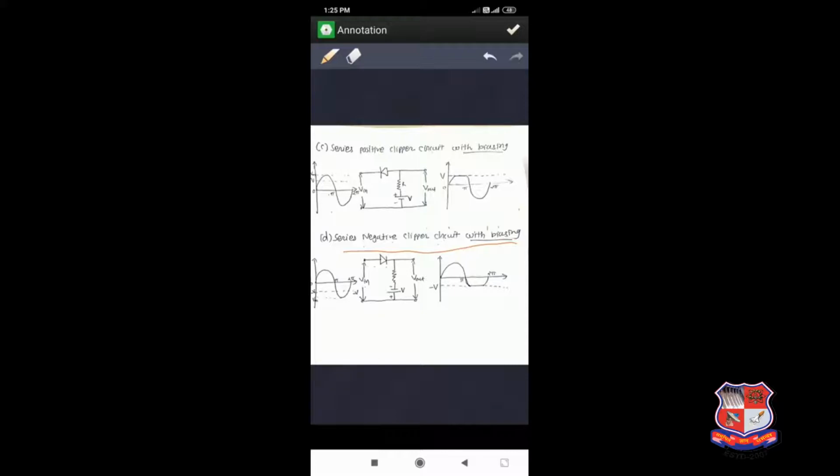In that, the direction of the diode is changed, and we also change the direction of the battery. The operation of this case is, during the positive cycle, this terminal is plus, this terminal is minus, so positive is connected with the anode, so the diode is in forward bias due to this applied voltage, and due to this battery, minus connected with minus, the diode is also in forward bias, so this diode is short and acts as a closed switch.